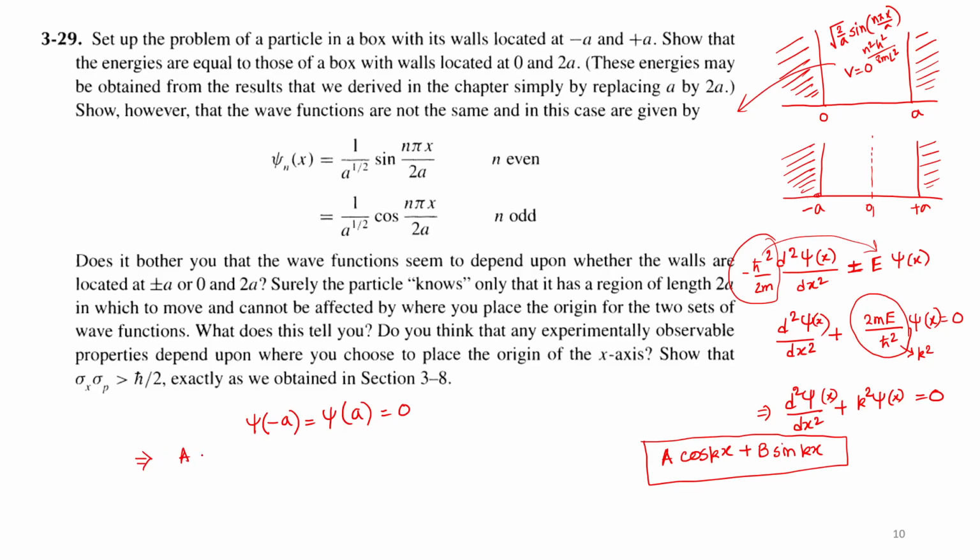So what we can write: A cos, instead of x I am putting the value minus a, plus B sin(-ka) equals 0 for the first condition, and for the second condition A cos ka plus B sin ka is also 0.